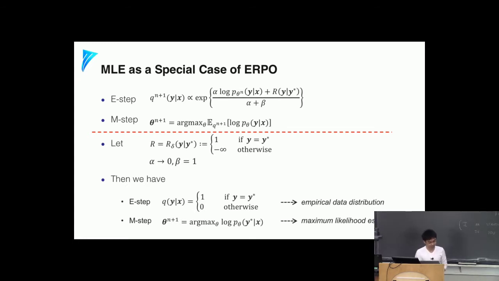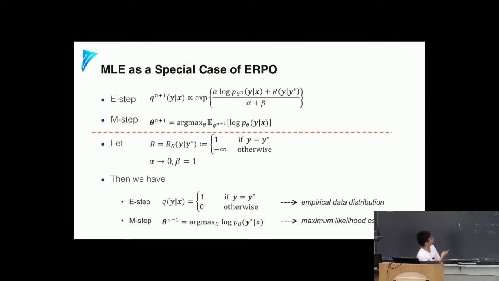Then we plug these things into this E step and M step, and we get this function. Now alpha is 0, so these two terms cancel out, and beta equals 1. So this Q distribution is basically exponential of R. Because this R function is of this particular form, if y equals y star, then we get a non-zero reward.